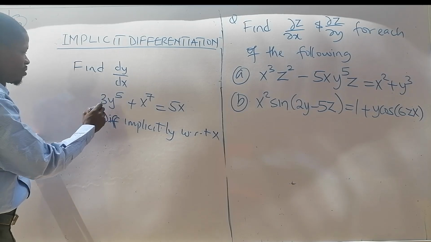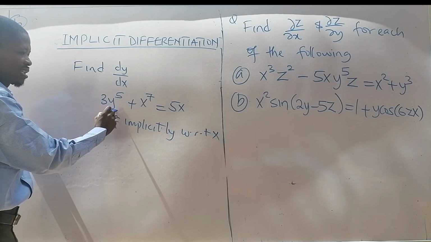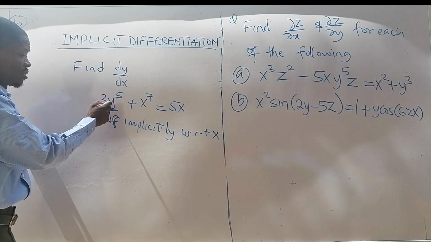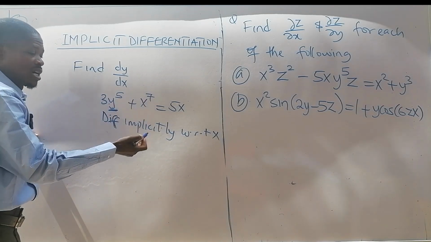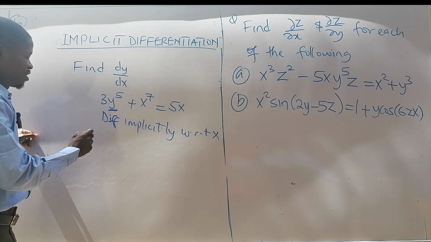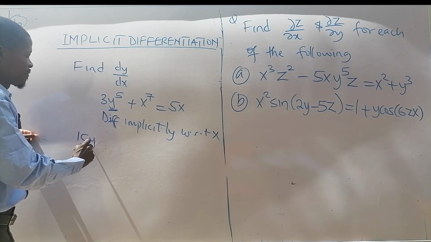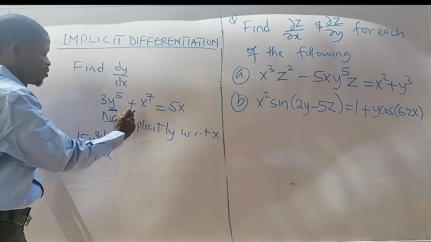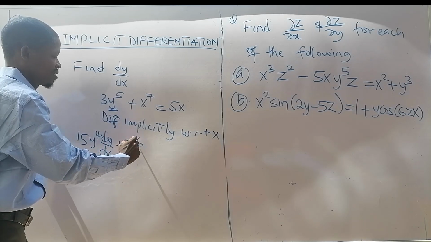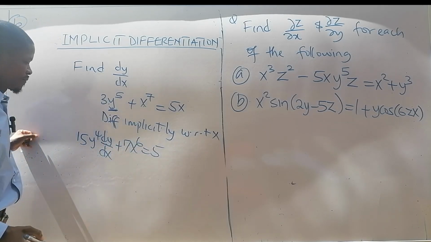So we now have this one, if we differentiate with respect to x, I've explained how to do this one. You differentiate with respect to its function, and then you put dy dx by the side. So this will be 15y^4 dy/dx. Then this one will be equal to what? 7x^6 equal to 5.